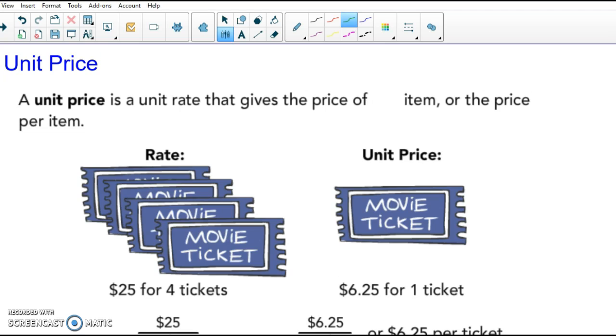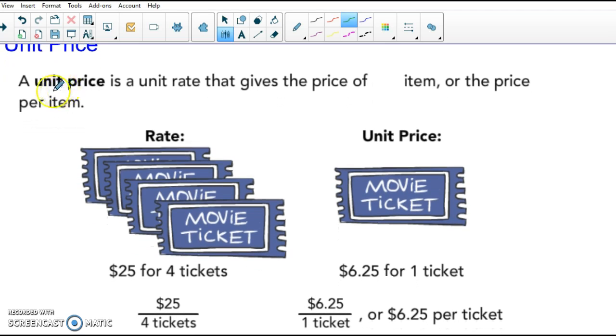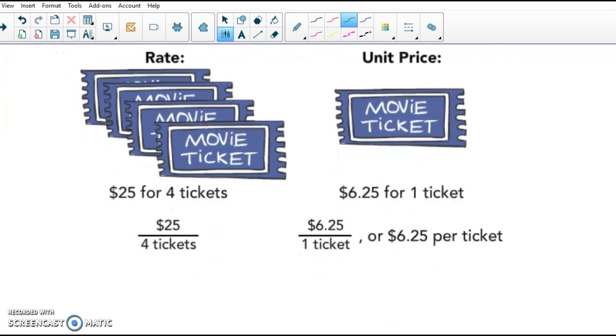All right, so let's see how we can use unit prices, which is just a special form of a unit rate. So a unit price is a unit rate that gives the price of each item, or the price per item. So often you will find that buying things in bulk is cheaper.